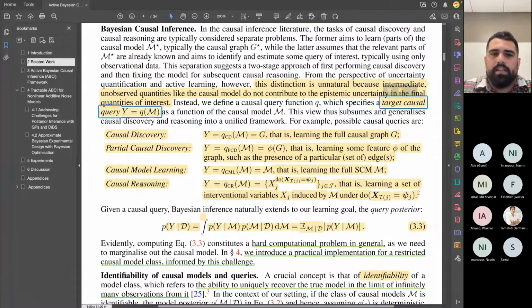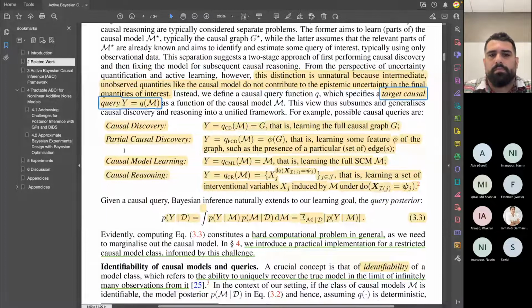Y. And here they have 4 different causal queries that they use in their experiments. One of them is causal discovery, which is learning the full causal graph G. Another type is partial causal discovery, which is learning some feature phi about the graph, so maybe a particular set of edges.